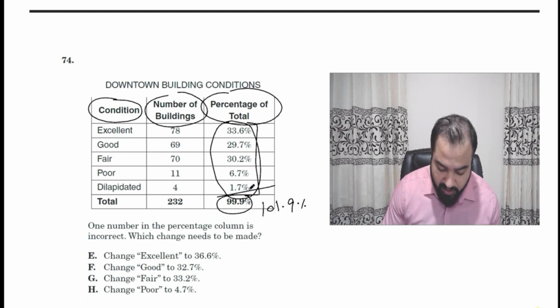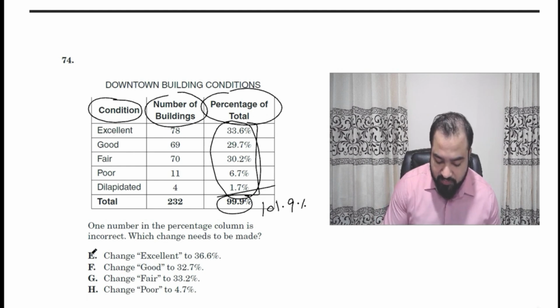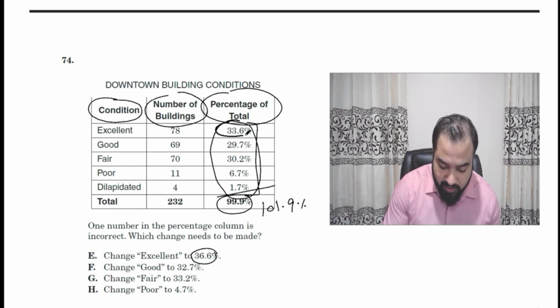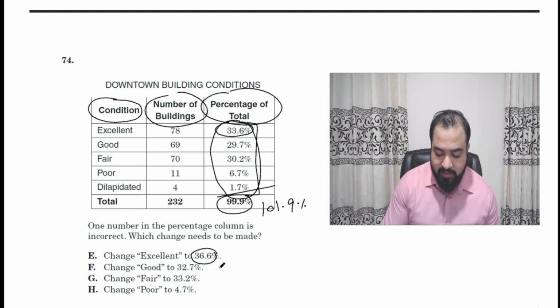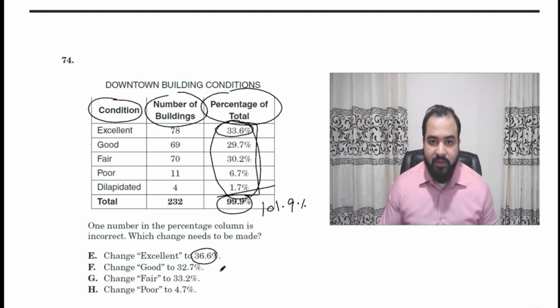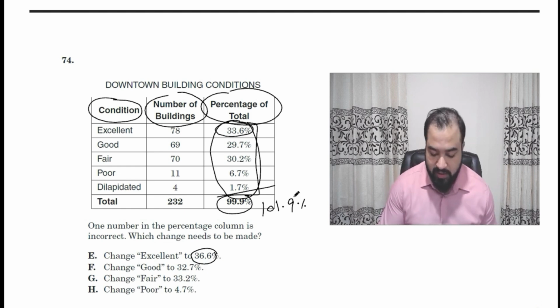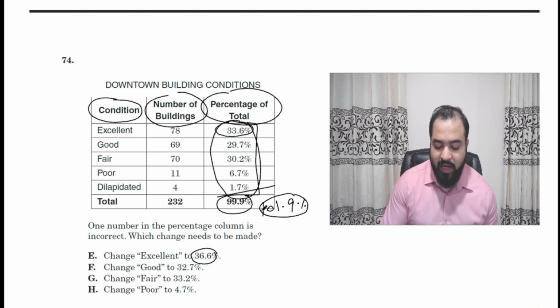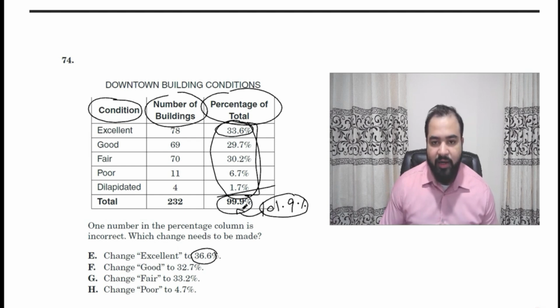Now let's check the options. Option E says change excellent to 36.6%. Now excellent is already 33.6%, so it is recommending an increase. We are looking for a decrease, so that 101.9% goes down to 99.9%.